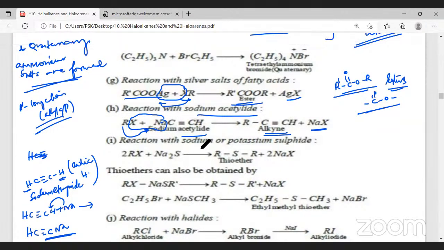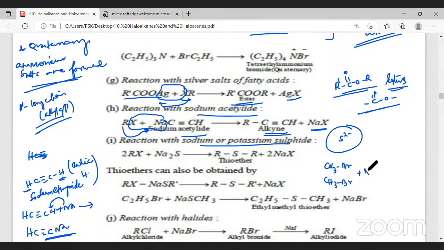Now, the reaction with sodium or potassium sulfide. Sulfide means S2 minus ions. Sulfides are represented as S2 minus. It is not sulfate, it is sulfide. Now for alkyl halides, we'll take a simple example, CH3Br.